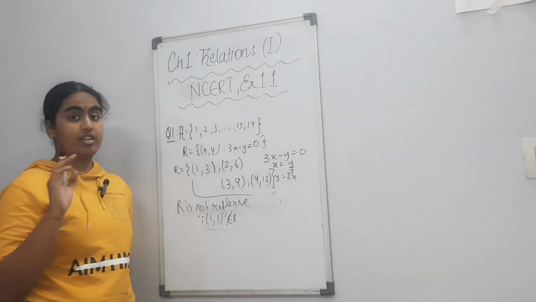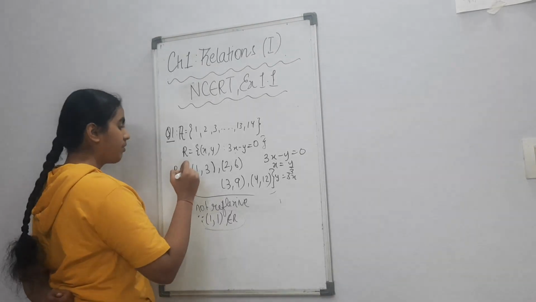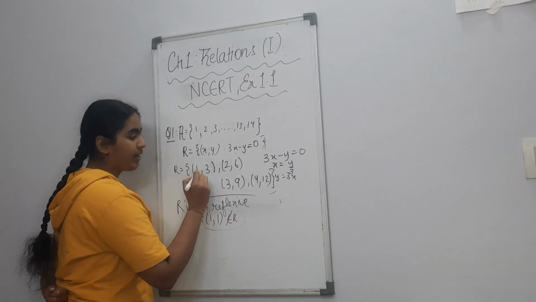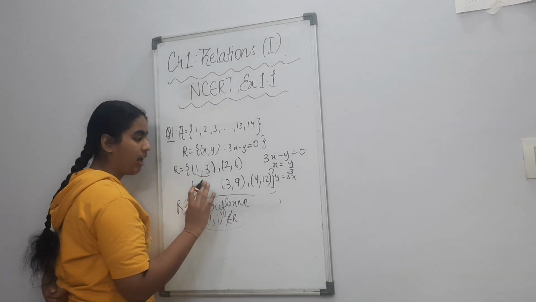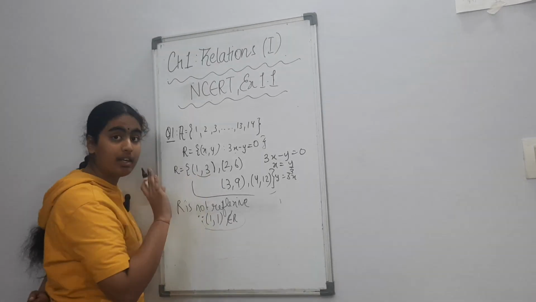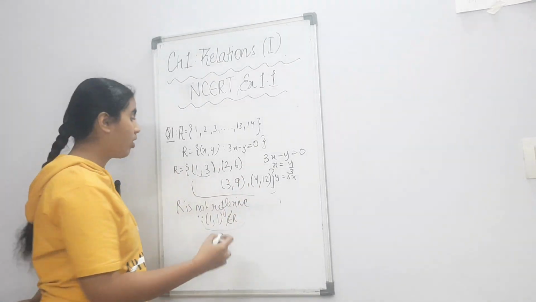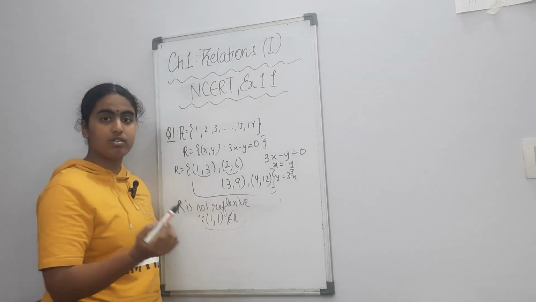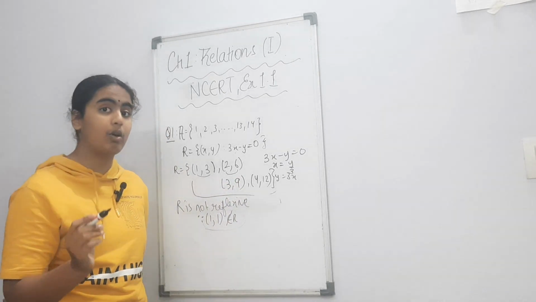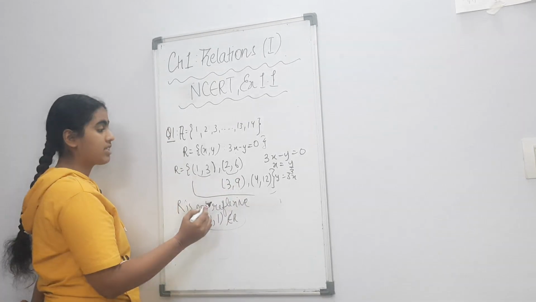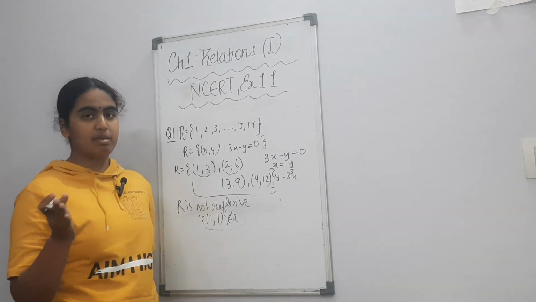Let's check the symmetry of the relation. Here, if you look at it, 1 comma 3 belongs to R, but 3 comma 1 does not belong to R. It is nowhere in our relation. You can check it with another ordered pair. 2 comma 6 belongs to R, but 6 comma 2 does not belong to R. It is not present in our relation set. That ruins the symmetry of the relation.